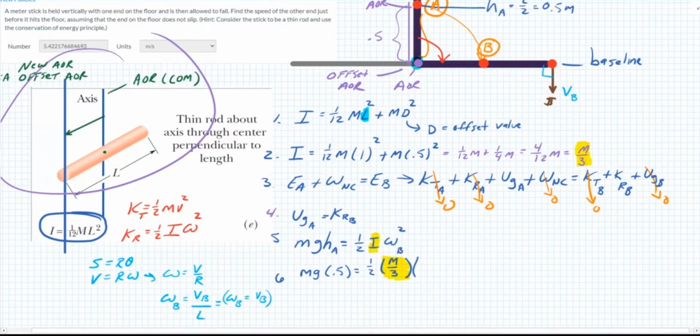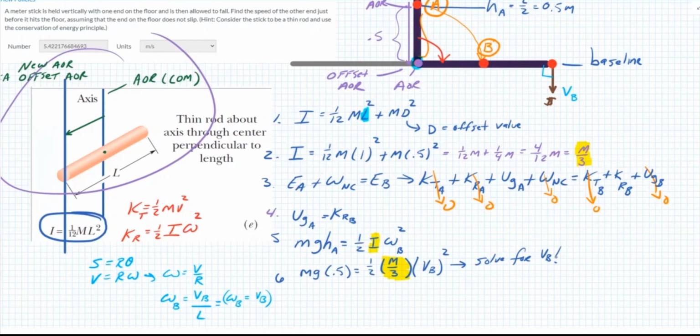So VB squared. And now you can see M's cancel. Solve for VB. All right, so 9.8 times 0.5 times 2 times 3, square root.